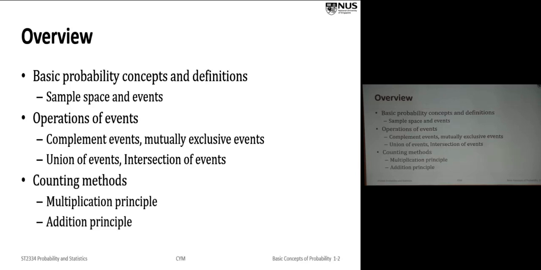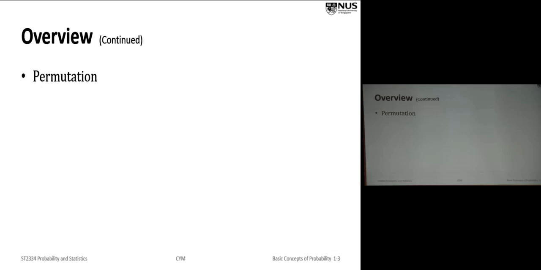Then counting methods. We know how to do multiplication, but how to apply this principle in helping us to do counting, and also the addition principle. Then permutations, combinations, and probability.